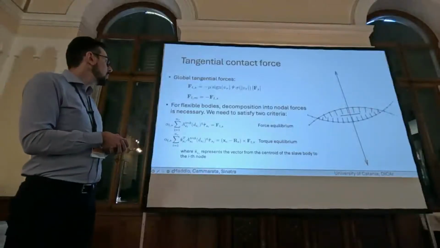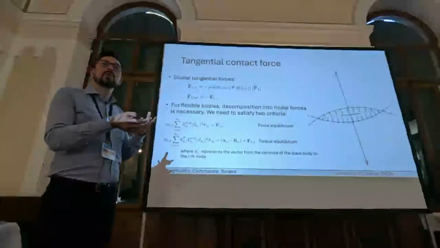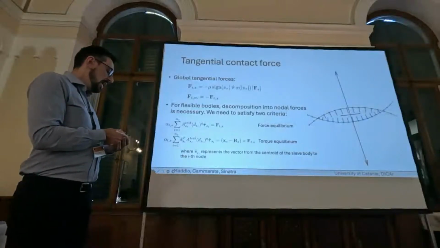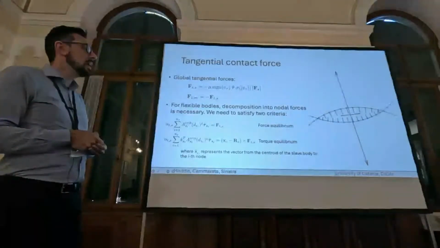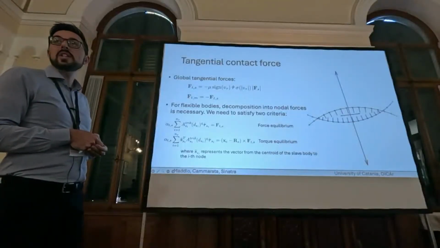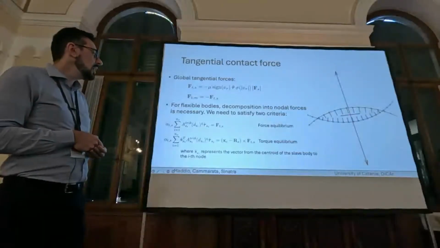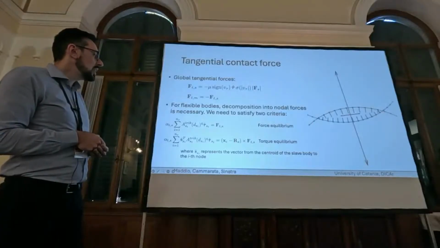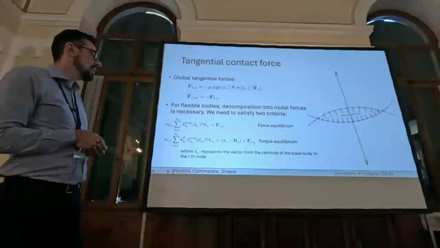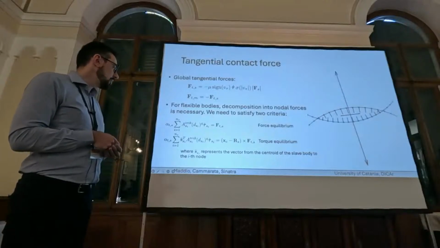Also, in this case, for the tangential forces, we need to decompose the global contact force into the nodal forces. And here, unlike the normal case, we cannot adopt the right-hand side equal to 0, because we have to take into account that here we have a moment that is equal to the distance of the centroid, considering, for example, the slave body, with respect to the centroid, times the tangential force.